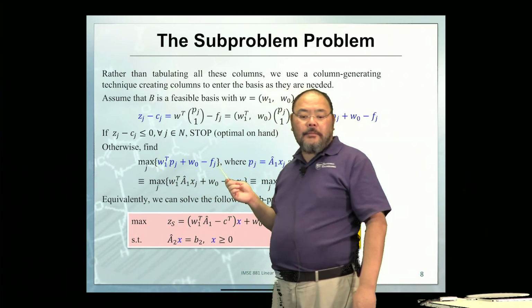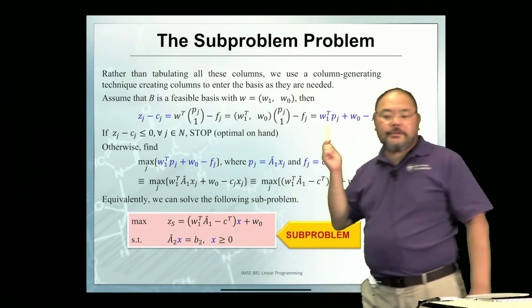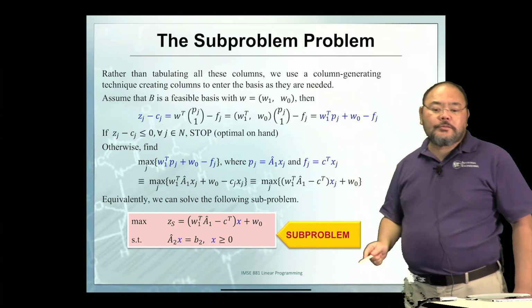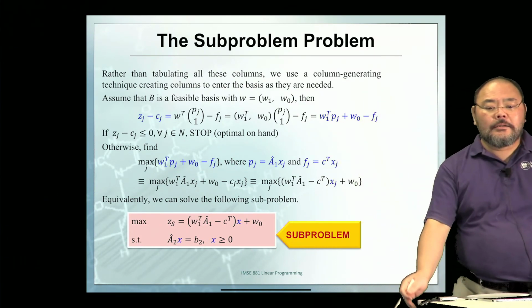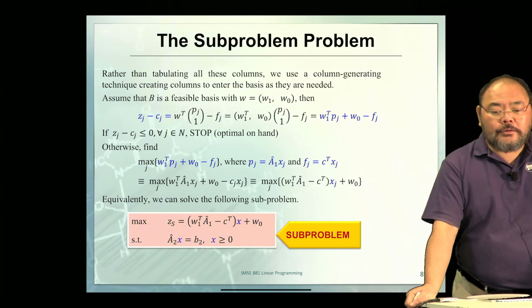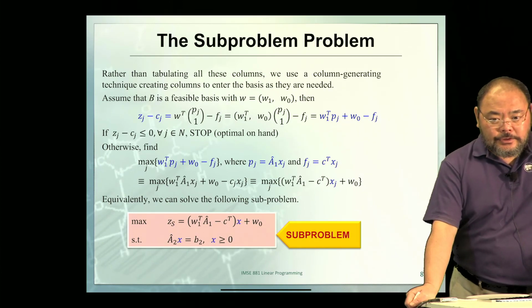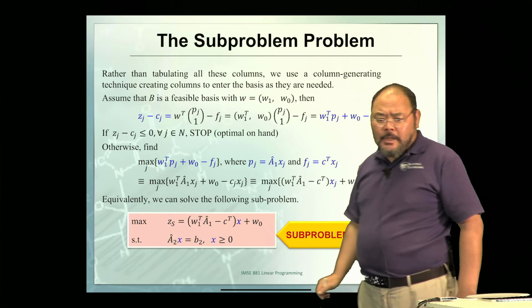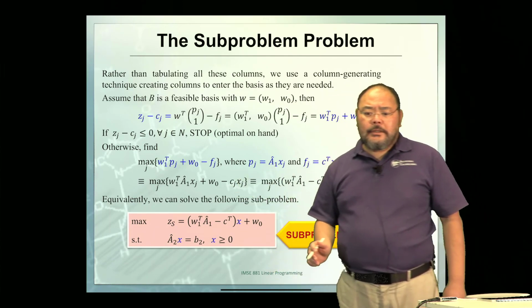But zj minus cj can now be rewritten in this format: omega 1 transpose times pj plus omega naught minus fj. So pj, of course, equals A1 hat times xj, and fj equals c transpose times xj. So the xj's are the extreme points. But we don't know the extreme points at this point.